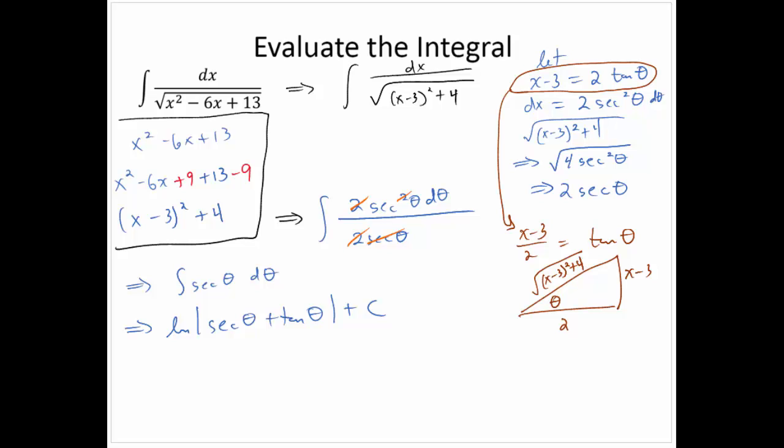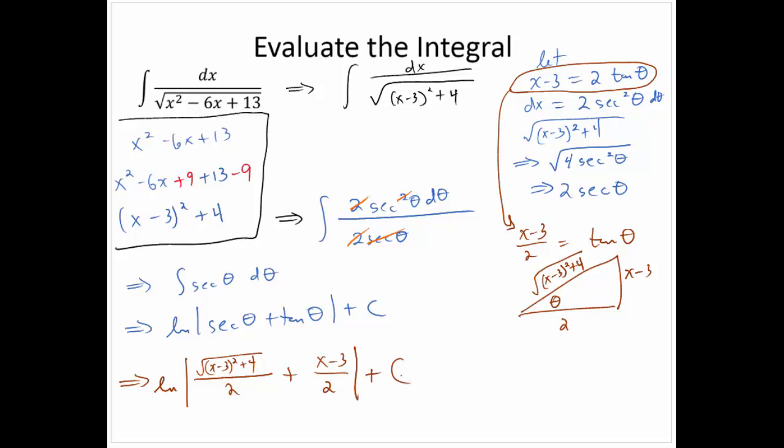So then this becomes natural log absolute value. Secant theta would be the square root of x minus 3 squared plus 4 over 2. And the tangent of theta would be x minus 3 over 2 plus a constant.